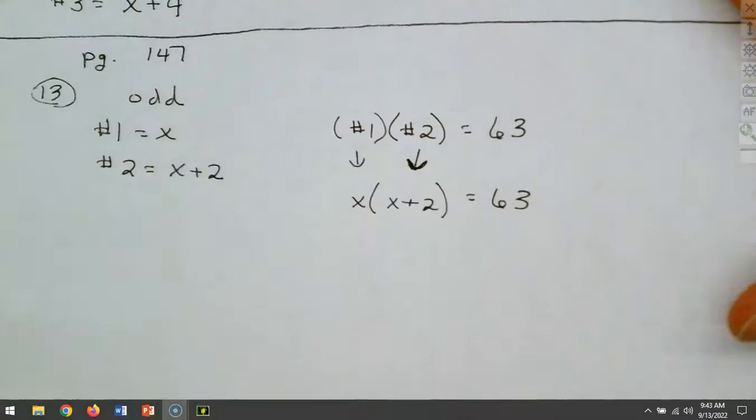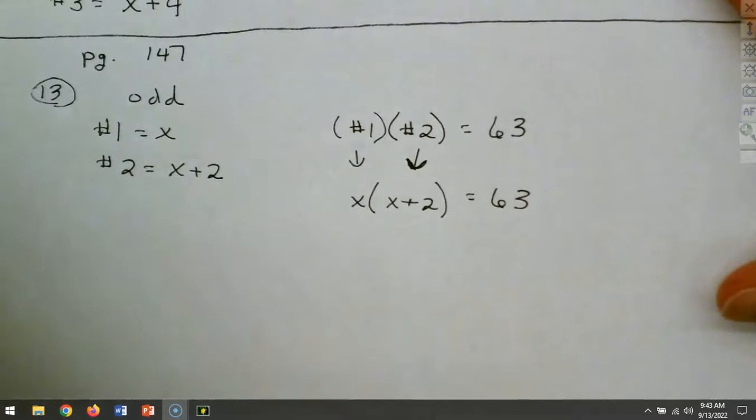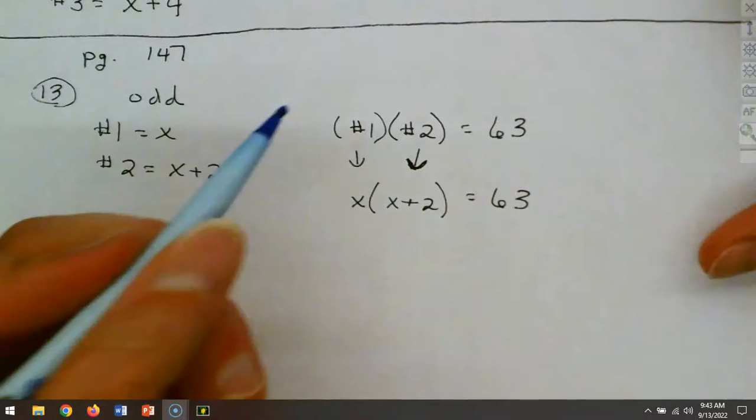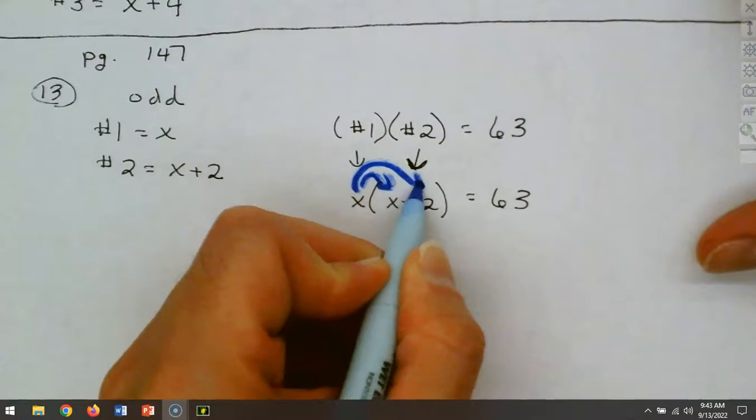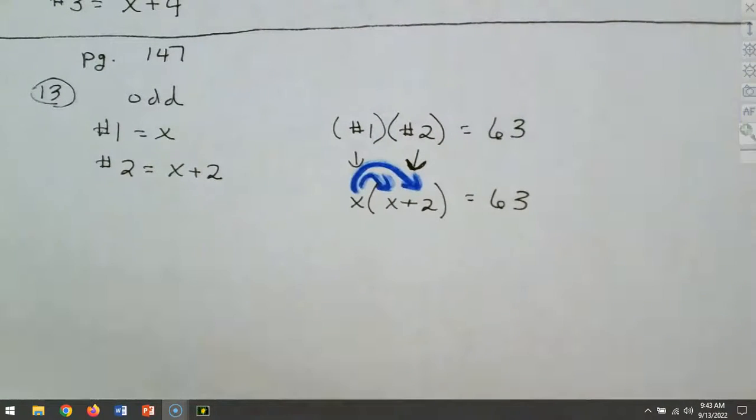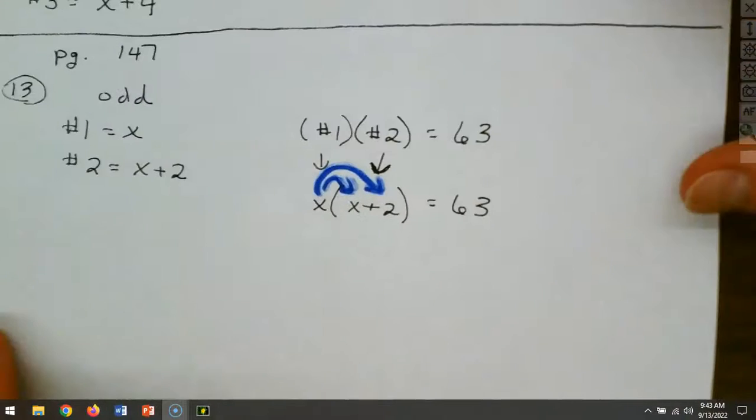These require a bit to actually finish because we're going to have to now use the zero factor. Before we can do that, the first thing we do is set it to 0 and clear out our parentheses. So distribute that x through, just like we would normally solve these.